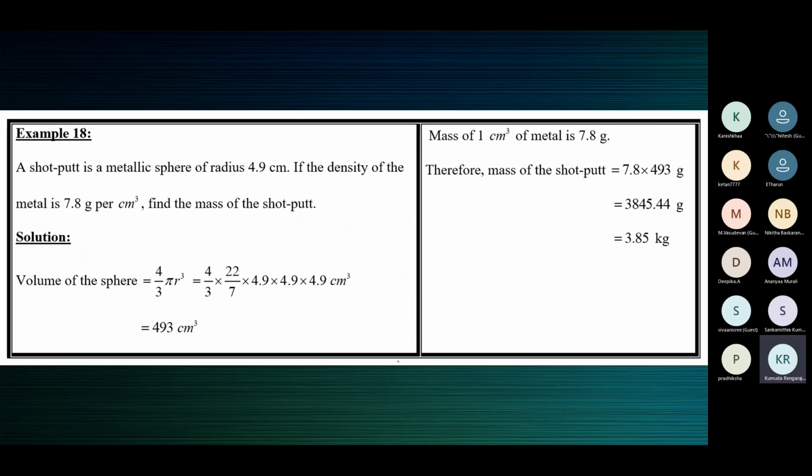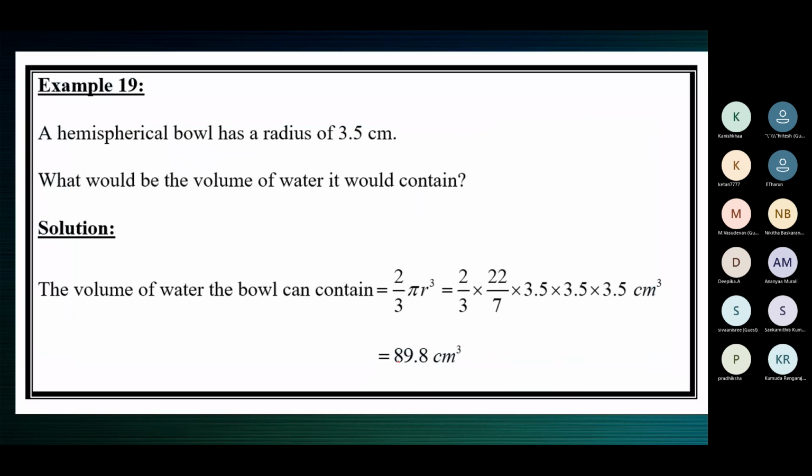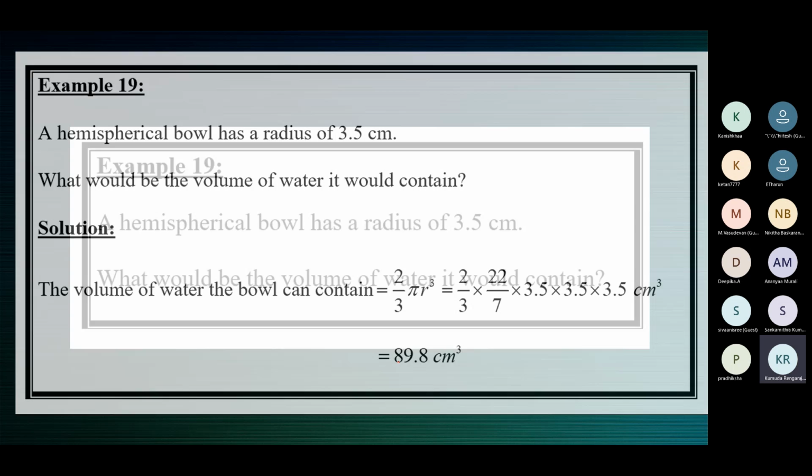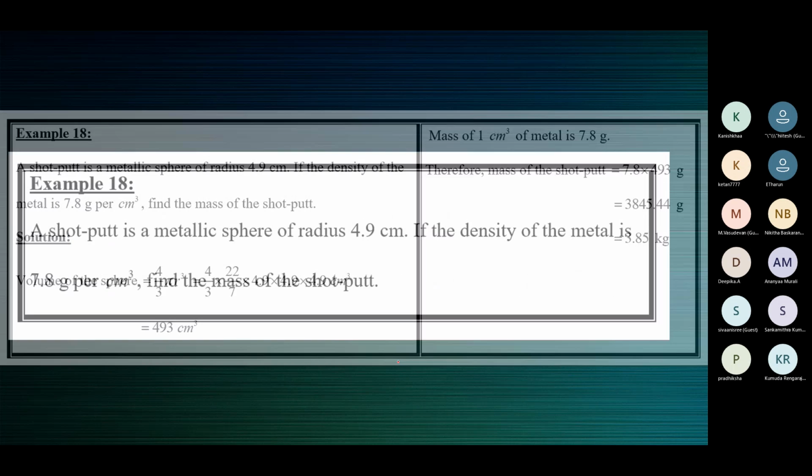This is over. 1 minute, 17. Took. Ma'am, can you show the 17th example?